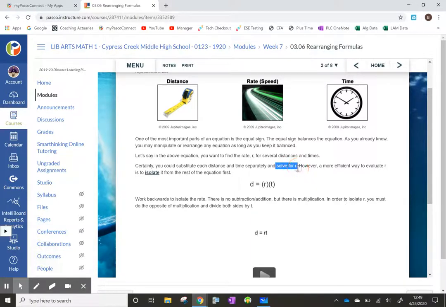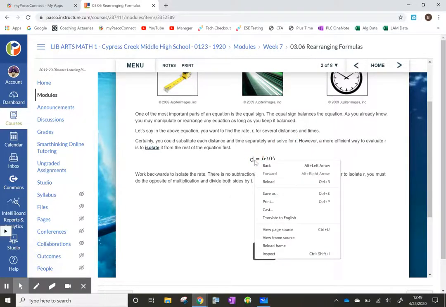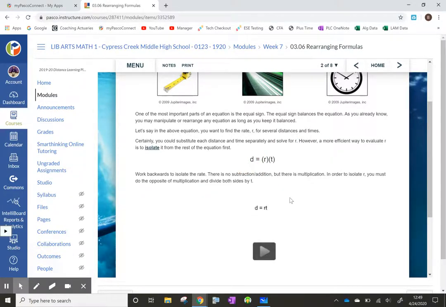Let's say that you know what the distance is already, and you know what the time is already. So all you need to do is find the rate, find the speed, right? Okay, so what we'd want to do is isolate the equation for r. Rather than having it d equals, we want to say r equals, right? So we go through the process of rearranging the formula. So here's what we would do.